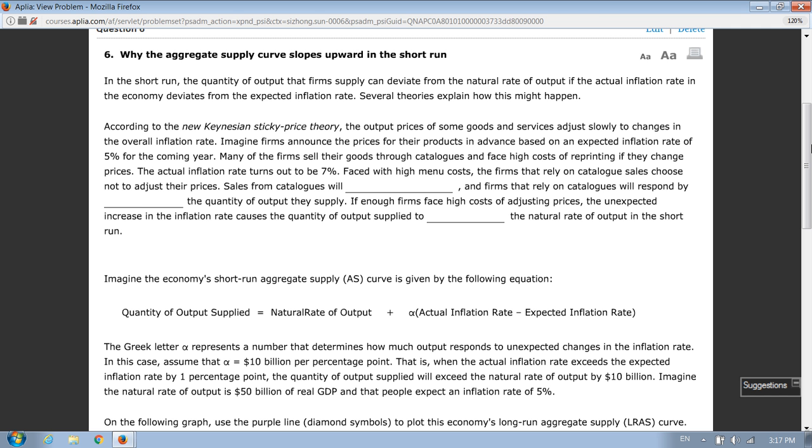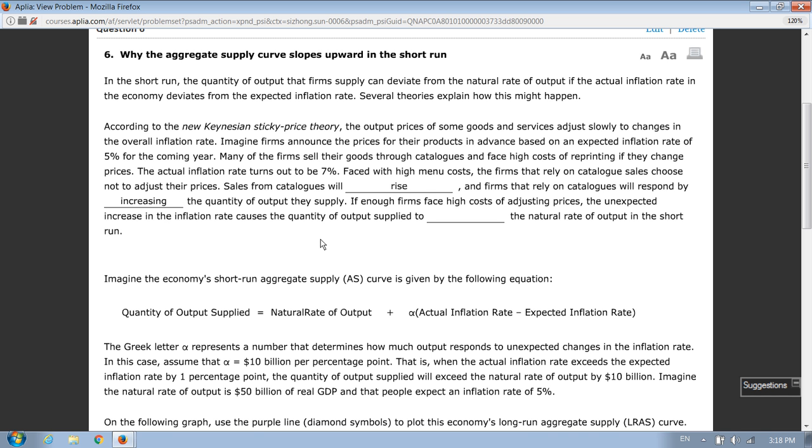So sales from catalogs will increase, because now, compared with the prices of other goods and services, demand for their goods will increase and sales will increase. And firms that rely on catalogs will respond by increasing the quantity of output they supply.